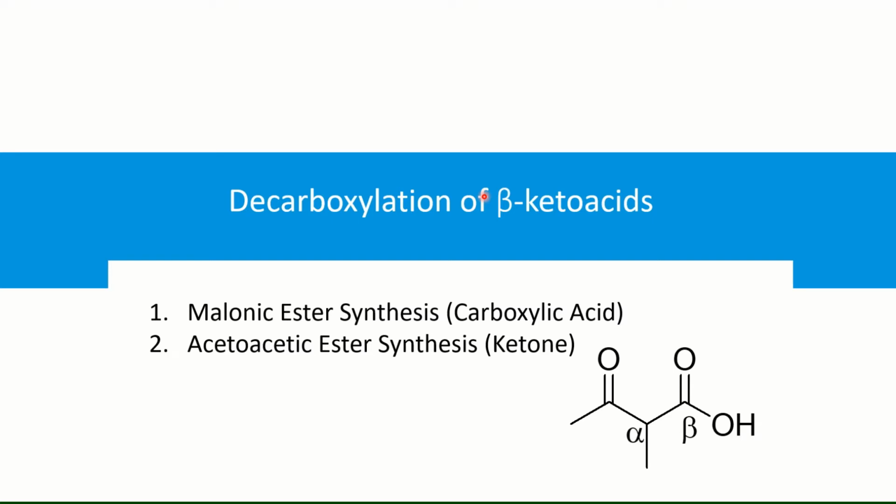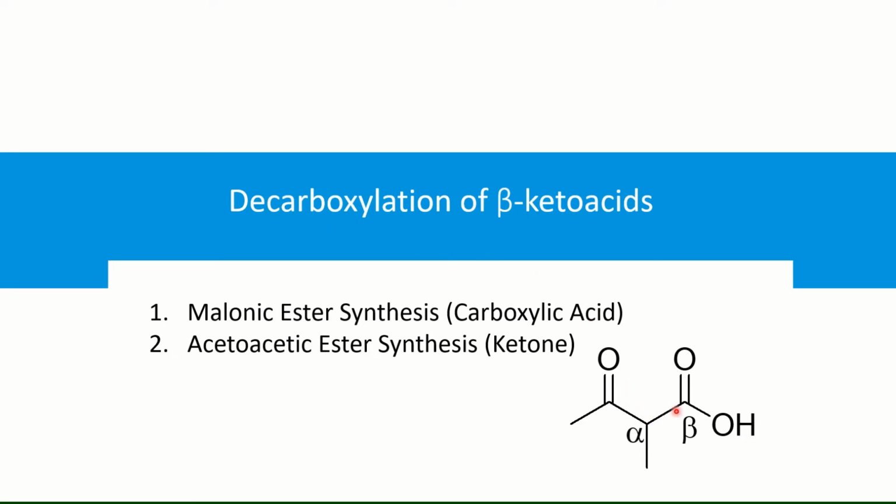The next reaction, or the final section in the carbon chapter, is that of reactions that involve the malonic ester synthesis and the acetoacetic ester synthesis. Both are taking advantage of the decarboxylation of a beta-keto acid.